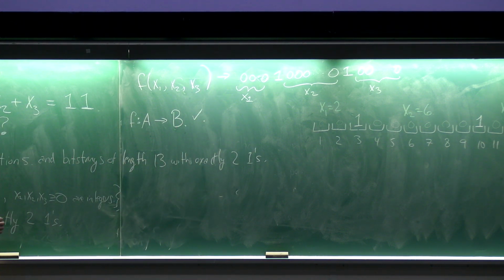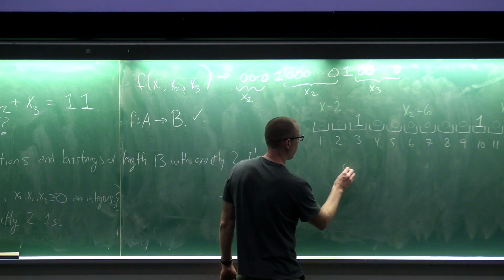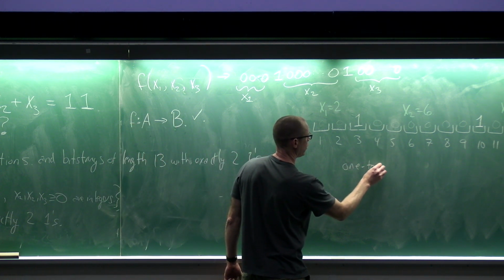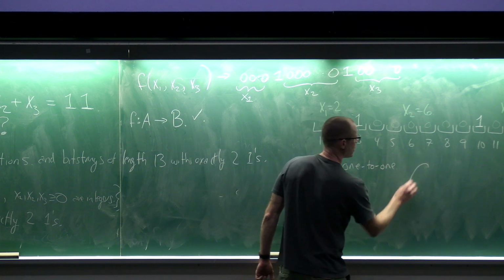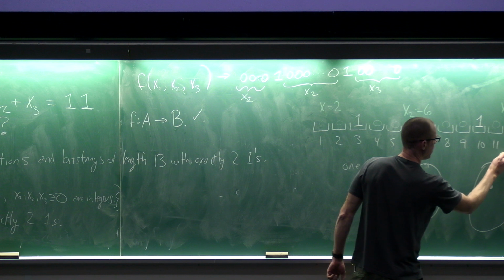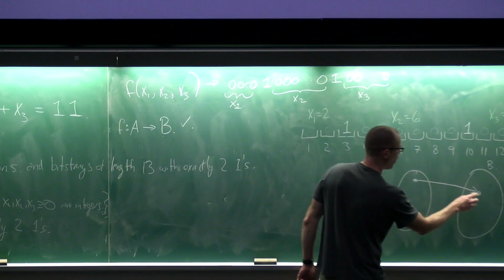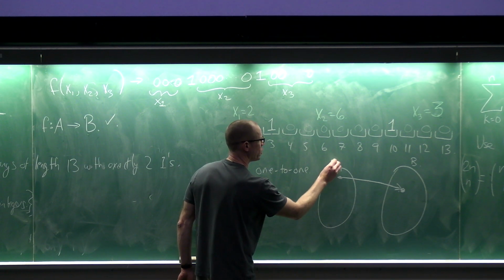Is it a bijection? Well, to be a bijection, we have to be 1 to 1. So what does that mean? 1 to 1 means that if I look at something in B, there should be at most one thing in A that goes onto it.